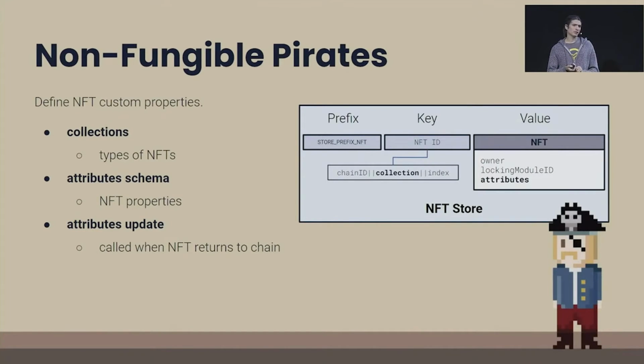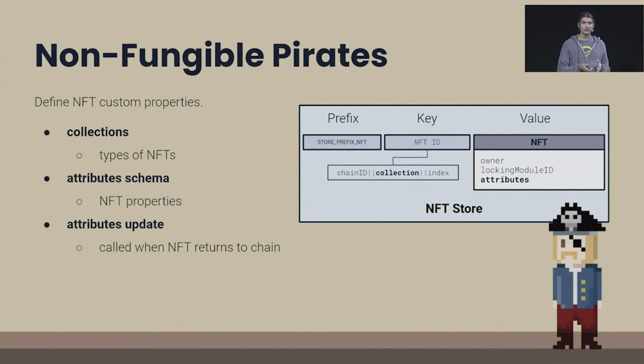So our non-fungible pirates will be defined by these properties. As Maxime mentioned, an NFT is uniquely identified by 3 properties: the chain ID, which is the ID of the NFT chain defining the NFT, a collection, which basically corresponds to the type of NFTs, and an index. So to specify our pirates, we have to specify which collections are available.